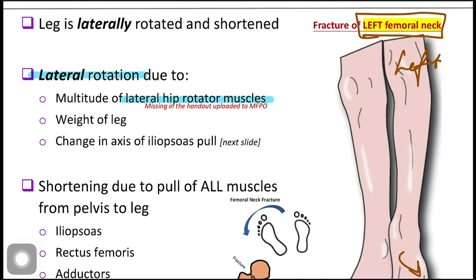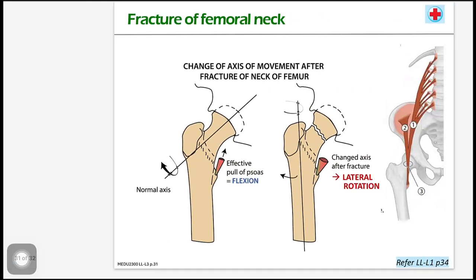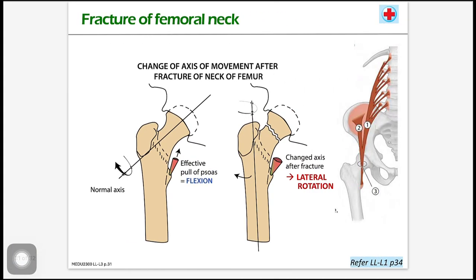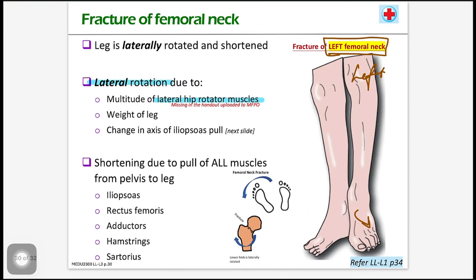But now, because of the fracture of the femoral neck, it has broken the contact point. Just like this, you have the broken part here. So this is one thing, and that's why you see that the leg is laterally rotated.